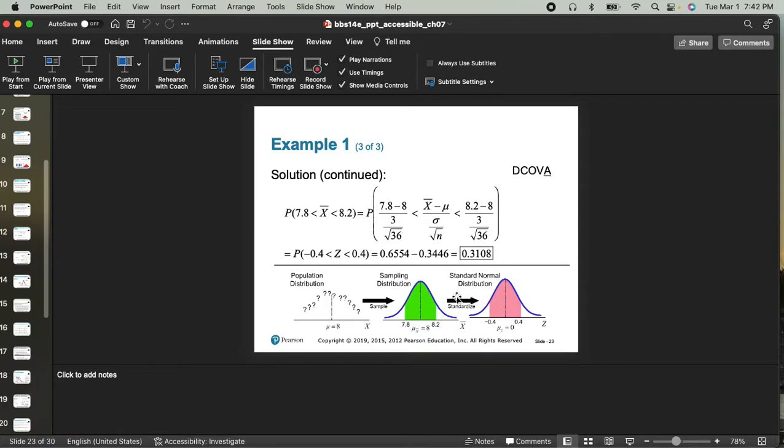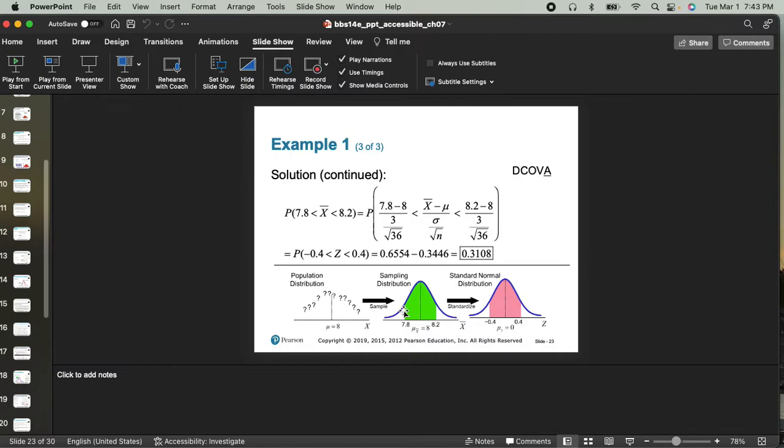Again, let me explain why we are removing the 0.3446, right? When we look at our Z table, we find that values to the left of 0.4 equal 0.6554, but that includes everything. Now, this part right here, remember, we're not interested in that part, right? That was this negative 0.4, that's 7.8 minus 8.